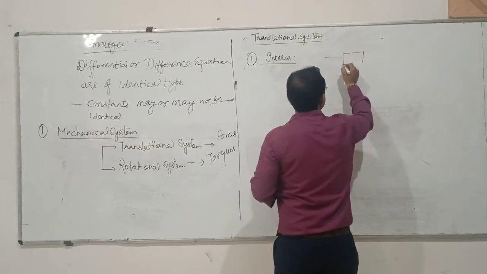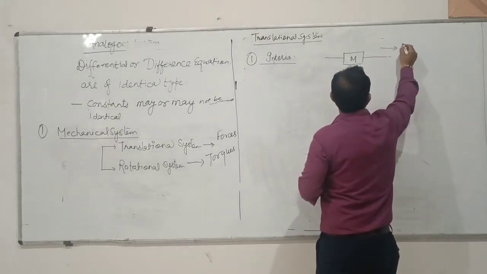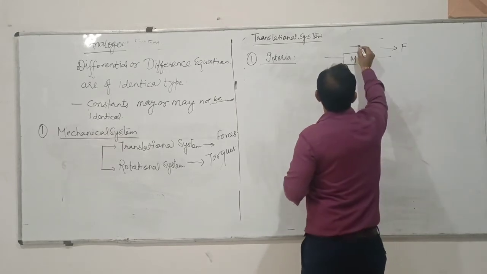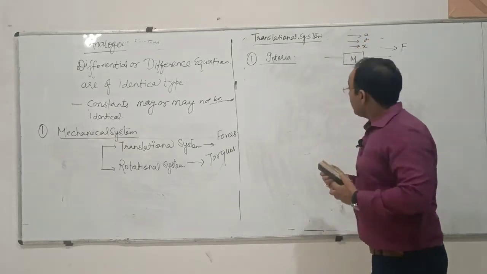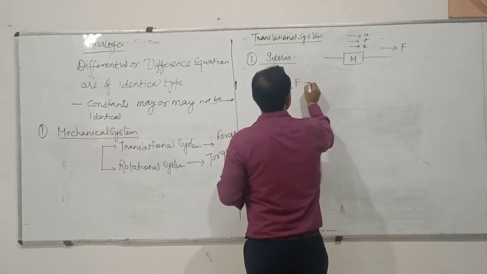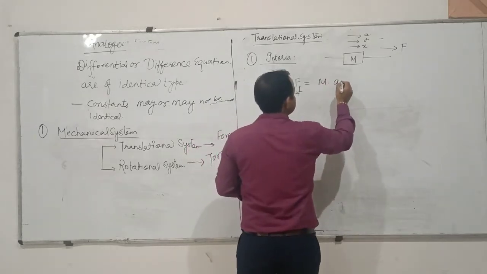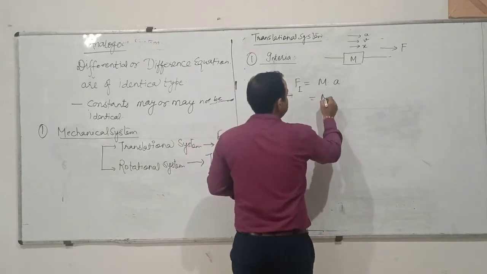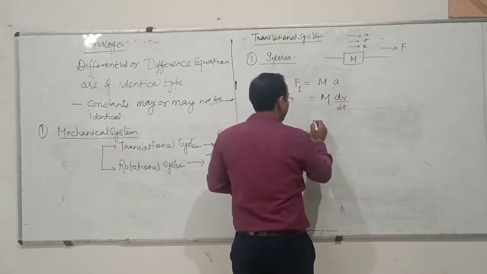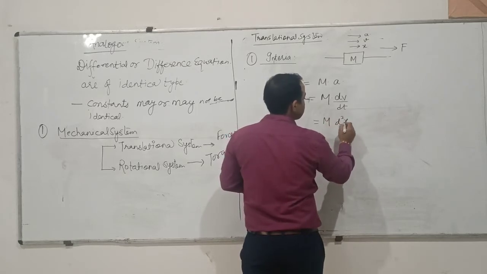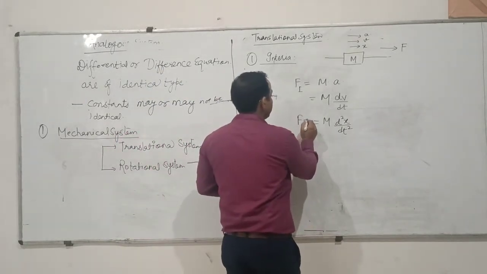If we have a mass m and we apply a force with displacement x, velocity v and acceleration a, then the inertia force F equals mass into acceleration, which can be written as m dv upon dt, or in terms of displacement, m d2x upon dt square. So here we have the inertia force.